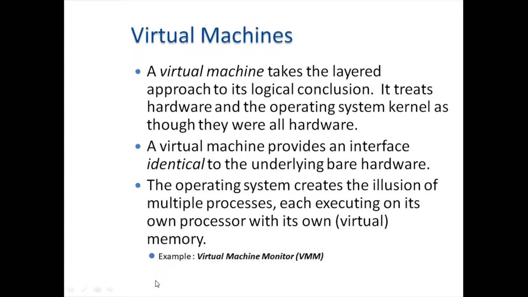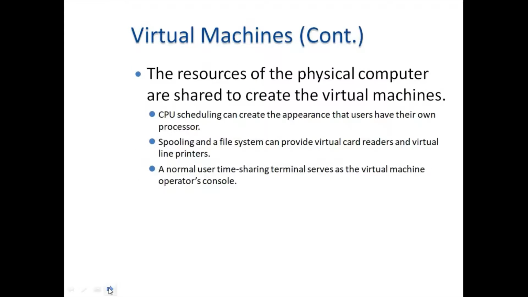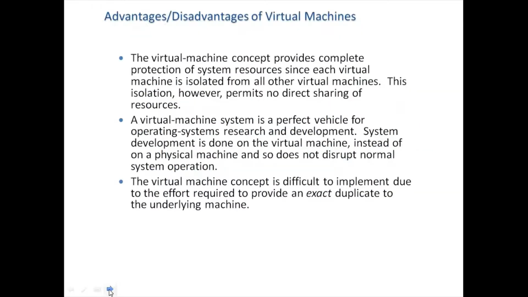An example is the virtual machine monitor. The resources of the physical computer are shared to create a virtual machine. CPU scheduling can create the appearance that users have their own processor. Spooling and the file system can provide a virtual card reader and virtual line printer. A normal user time-sharing terminal serves as the virtual machine operator's console.